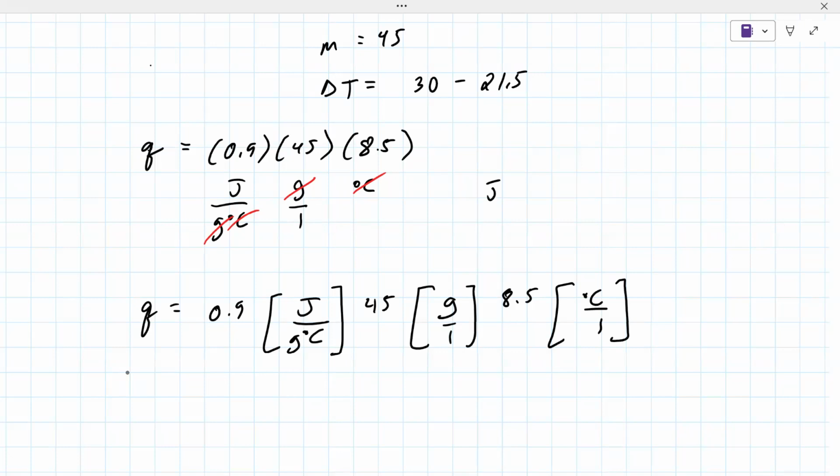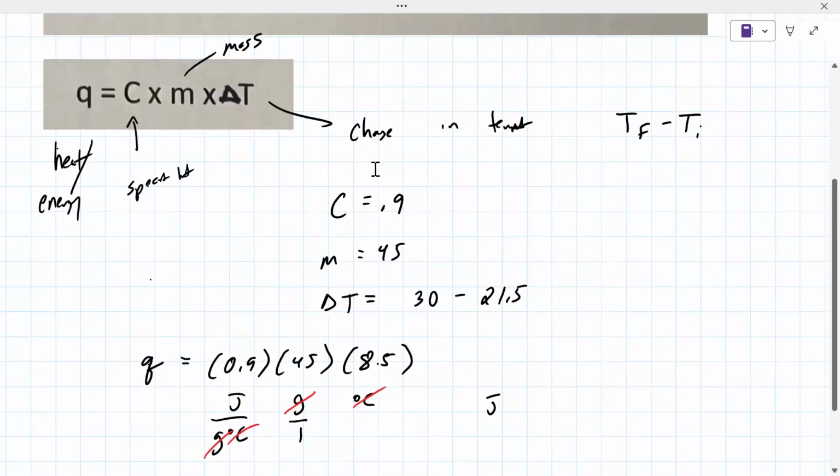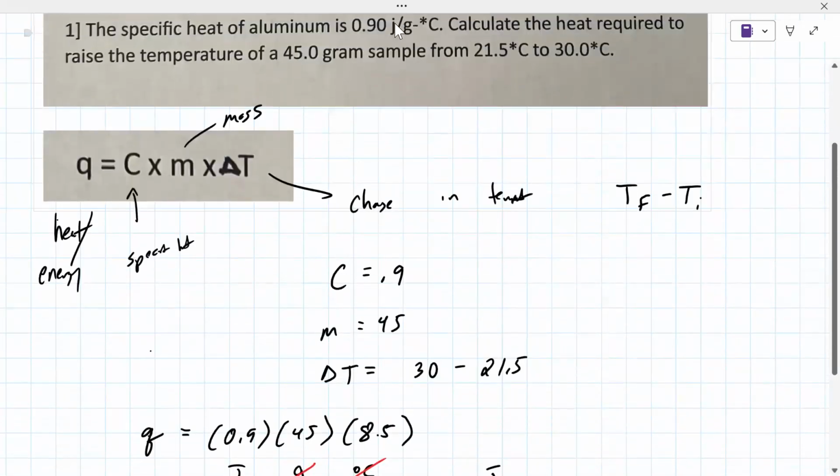But if you don't do that, is just doing the numbers like you would up there, is that it? Well, we'll talk about that because some problems will give you the mass in kilograms, or sometimes the C value is in the wrong units. So it kind of depends on the problem.